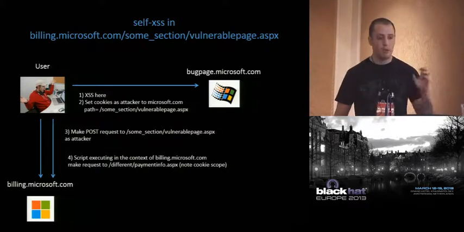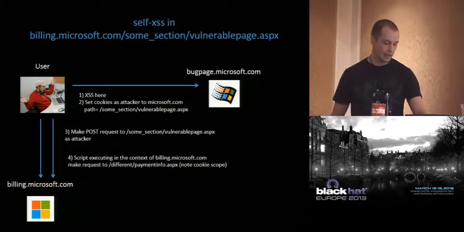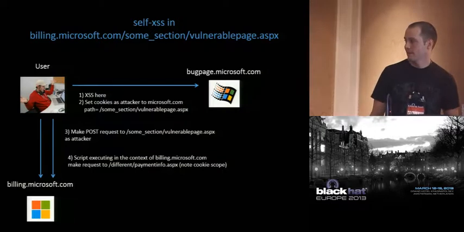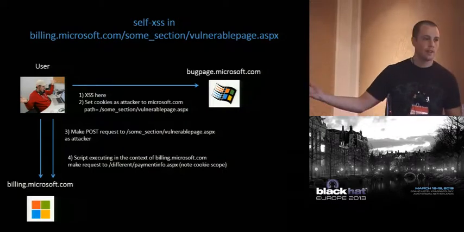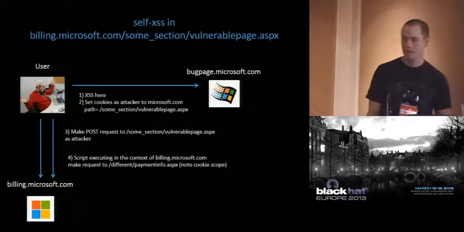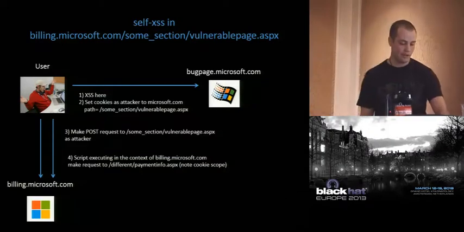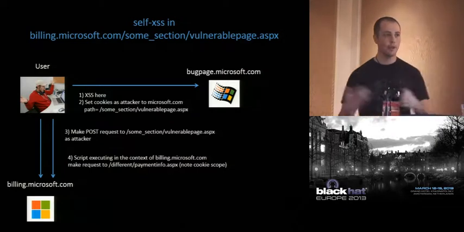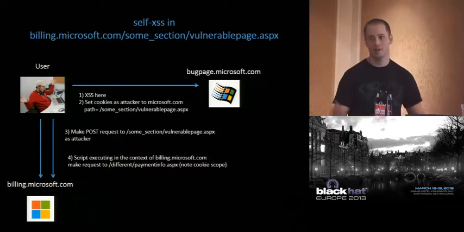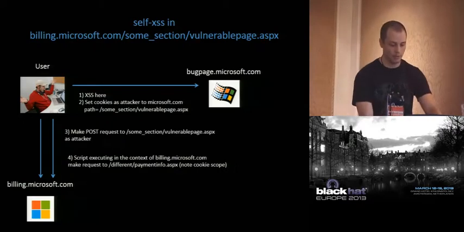Because we have this script executing, we can make requests to /different/paymentinfo.aspx. But who is this user logged in as now? With this path, he's logged in as the victim, because we set the path very specifically to this vulnerable page. So we're only logged in as the attacker for that one page, but we can still access content from the victim if we want.